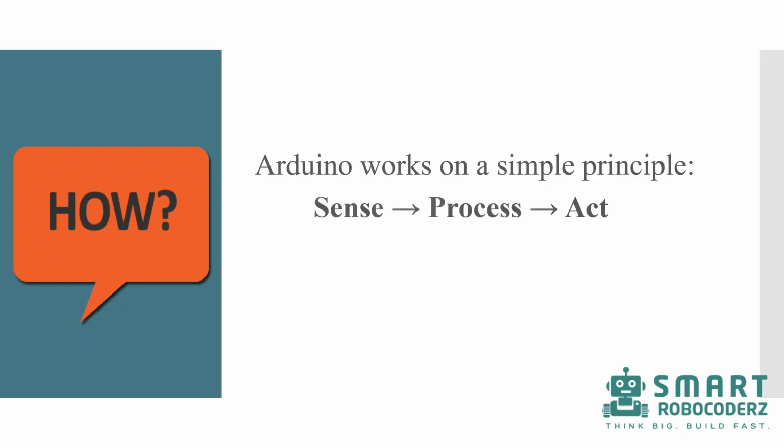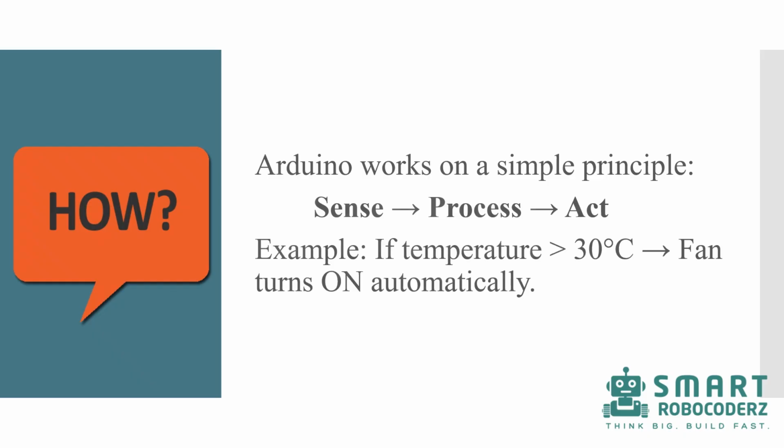Now, let's understand this with an example: an automatic fan system. In an Arduino fan system, a temperature sensor continuously senses the room temperature and sends the data to the Arduino. Arduino processes the temperature value using the program and compares whether it is greater than 30 degrees Celsius.